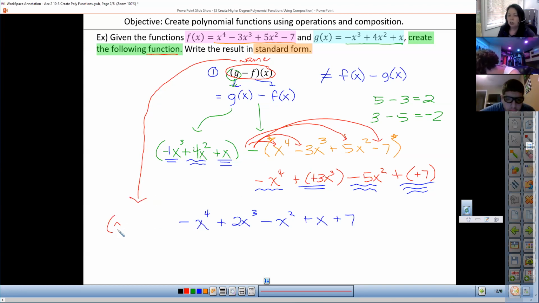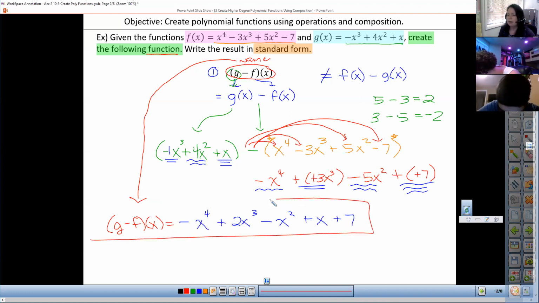So I have g minus f of x equals my terms in blue, and now I have a function, and I have finished the problem. So that g minus f of x, that's like your y variable. You don't have a function until you have both an x and a y variable. Okay, and so that g minus f of x creates our y variable position.